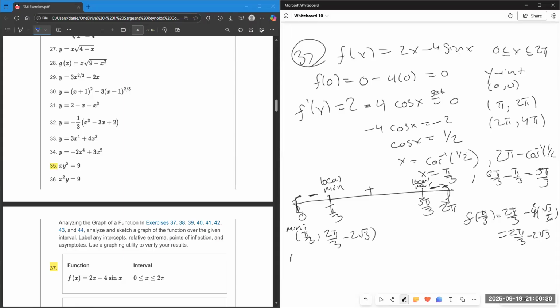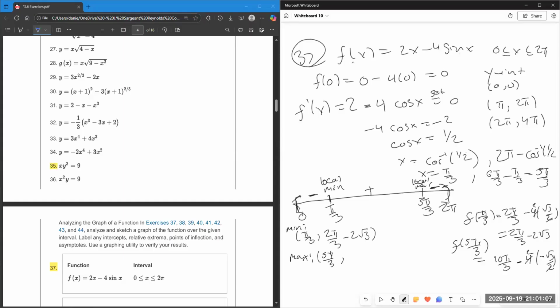And my max is going to be at 5 pi over 3. f of 5 pi over 3 is 10 pi over 3 minus 4, and then sine of 5 pi over 3 is a pi over 3 reference angle, but it's a negative value, so it's a negative root 3 over 2.